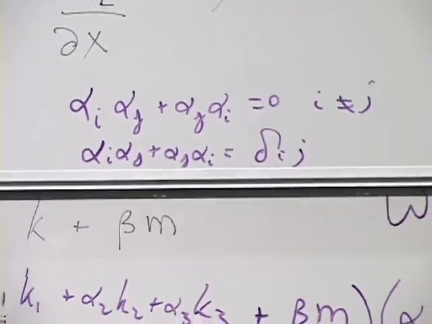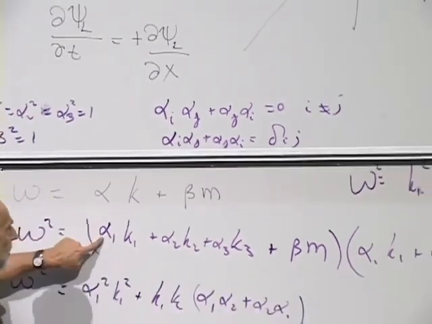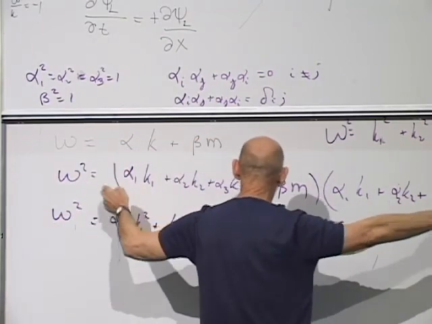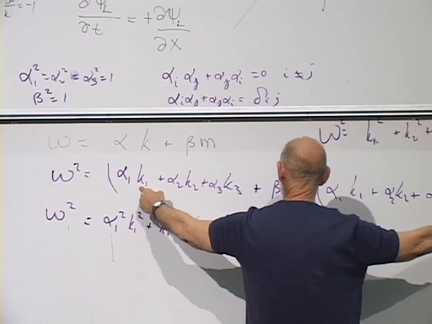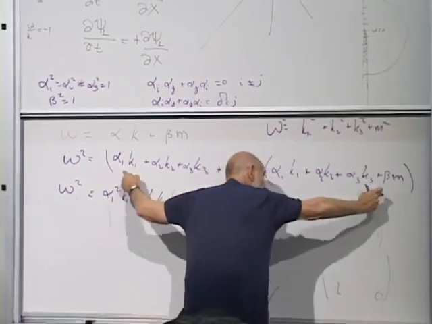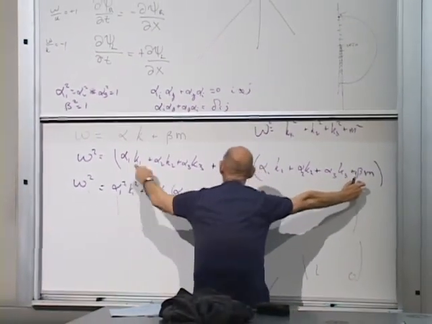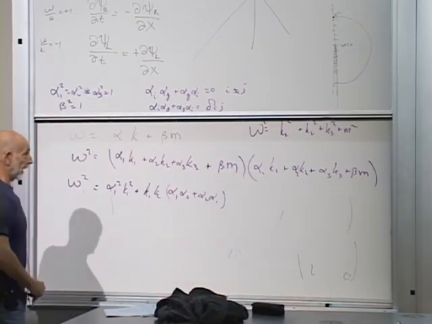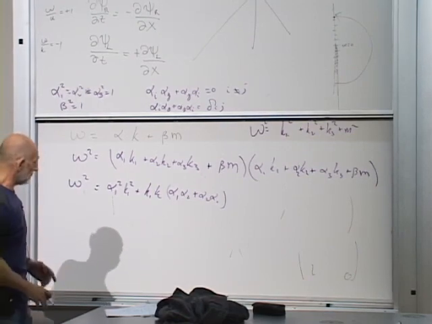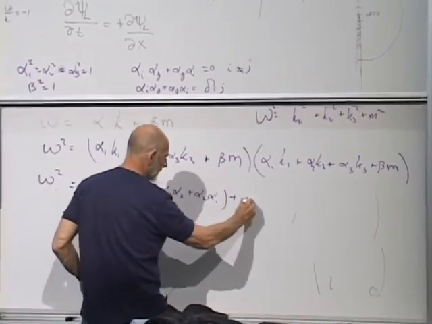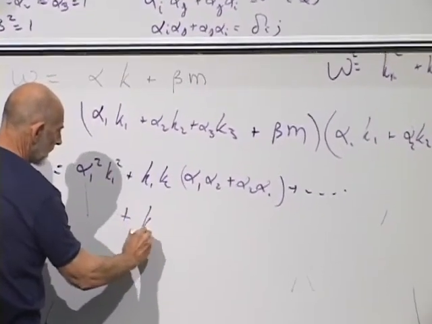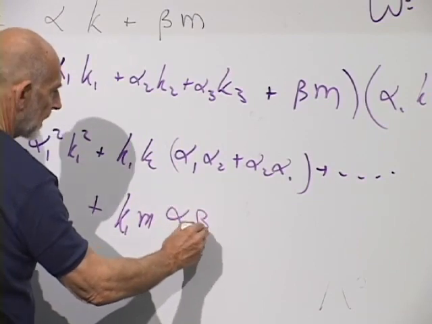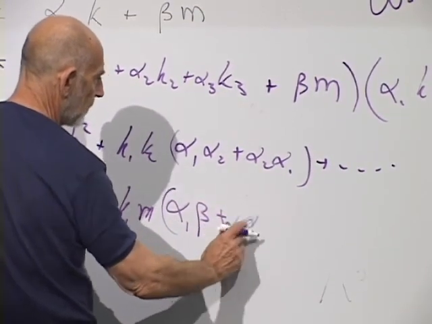What about the terms which have products, for example, k times m? We're going to have k1 times m from here, and k1 times m from here, and k1 times m from here. So we'll also have to have each one of the alphas, plus k1 m, alpha 1 beta plus beta alpha 1.